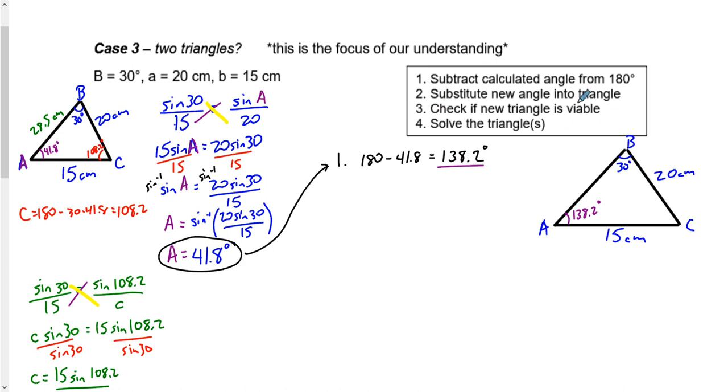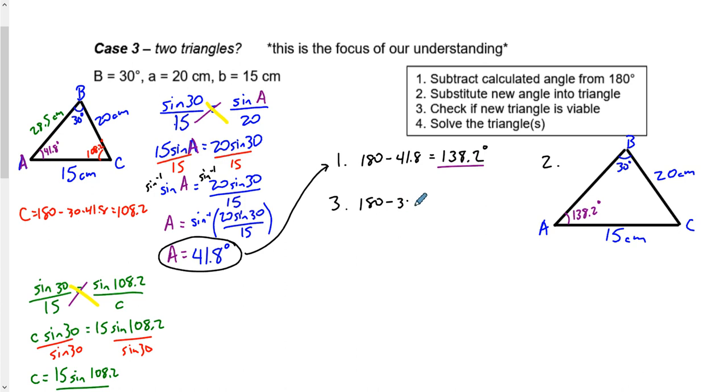So my next step is to check whether the new triangle is viable. This is our second step. Third step just means, well, do our degrees actually work?